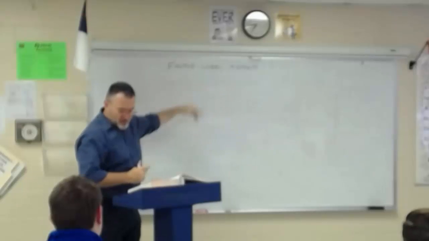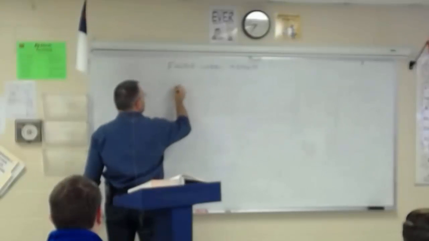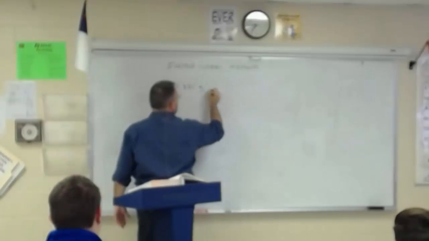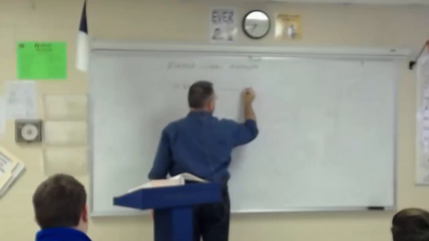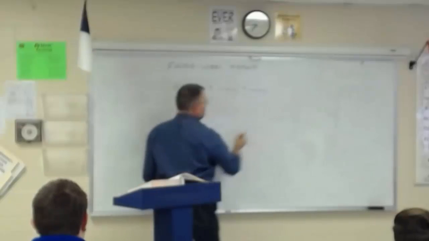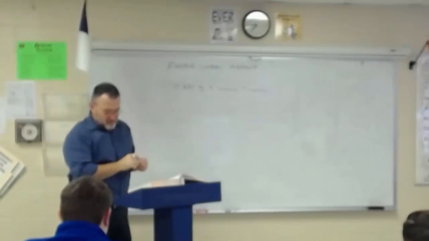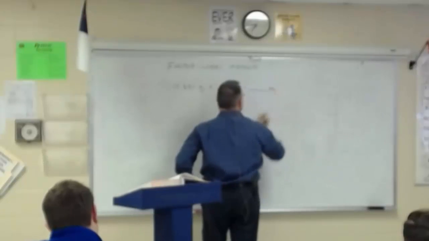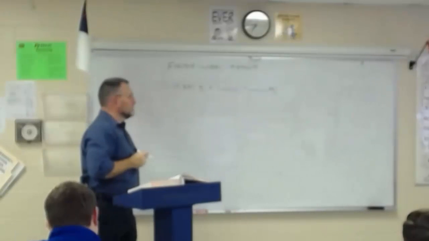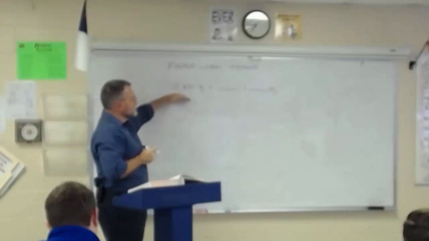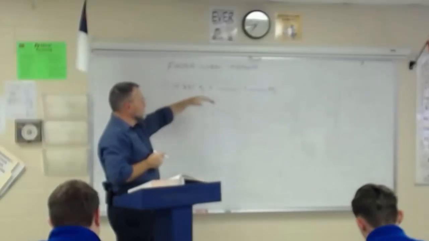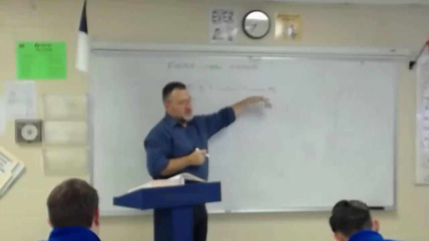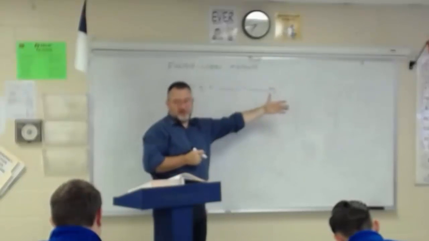In this case, 14,351 grams times something is going to equal a certain number of kilograms. We have a certain number of grams, and they want us to convert that into a certain number of kilograms. Now this is the longer method to do this.